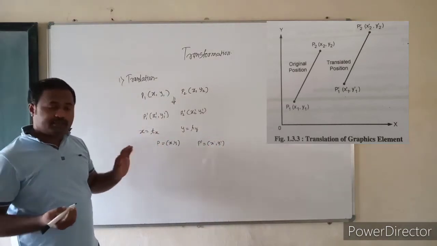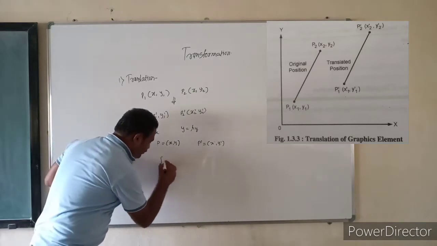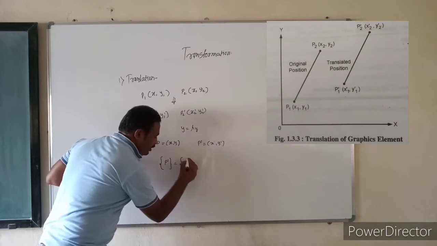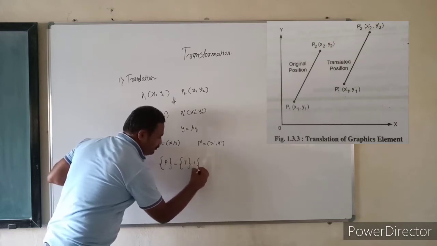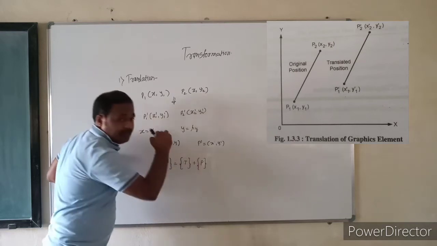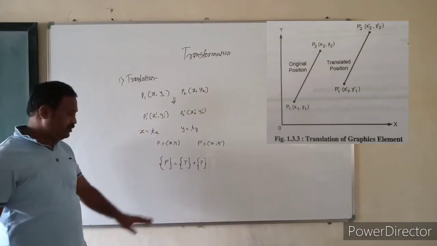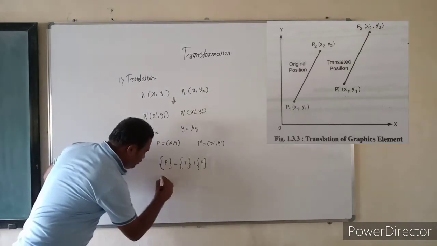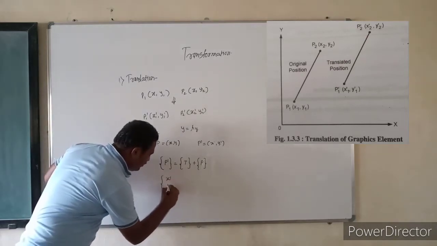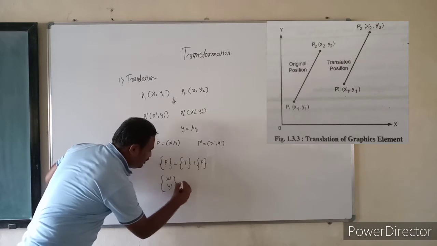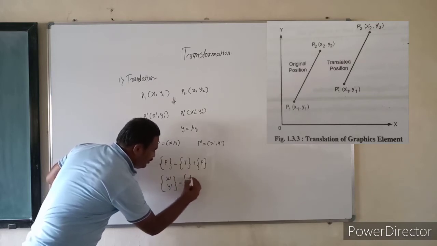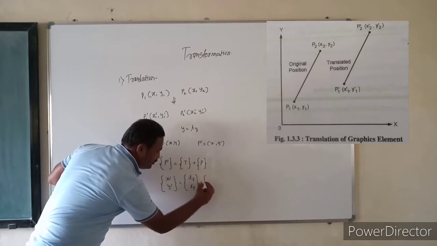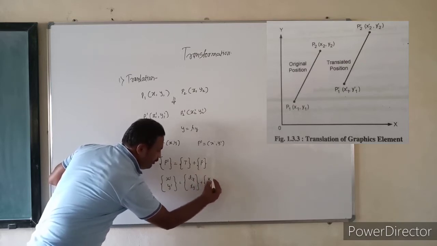Then the new coordinates of P dash are equal to the translation matrix plus the original P matrix. So x dash, y dash is equal to Tx, Ty plus x and y.